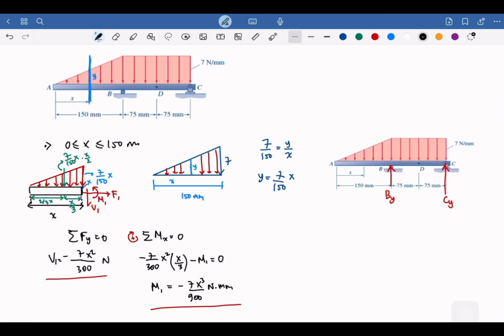If you would like to calculate CY, we could take the sigma M with respect to B to get CY. You can take the other way around for the other part, but I think this one will be practically better. Oh, this one has the roller, right? So we have another CX here.